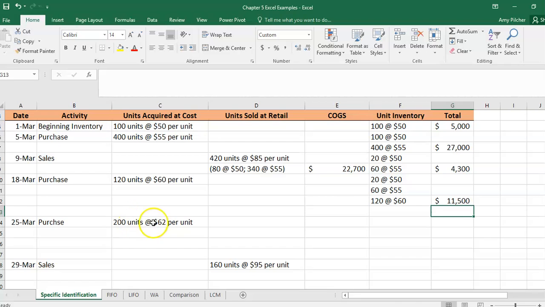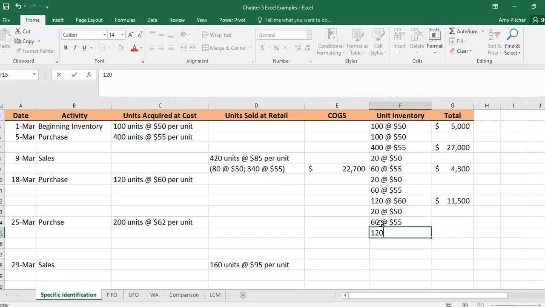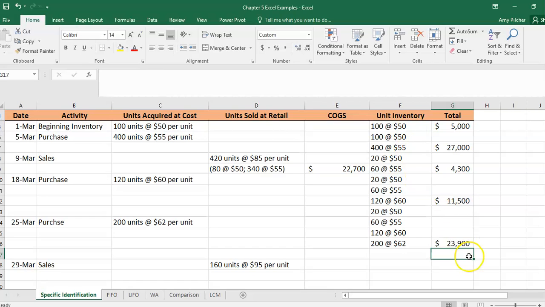We then make a purchase of 200 additional units at $62 per unit. So we have the same 20 at 50, 60 at 55, and 120 at $60. Now we have another 200 at a $62 cost. So we need to add those 200 to our previous calculation, 200 times 62. Now we have inventory of $23,900.